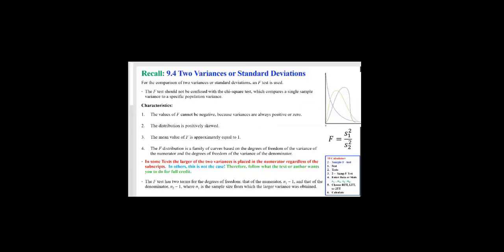If you have two variances, the most important thing to know is that the table is limited. The test statistic is s1 squared over s2 squared. We choose the one with the larger variance as the first group such that F becomes larger than 1. Therefore you use strictly a right-tail test.